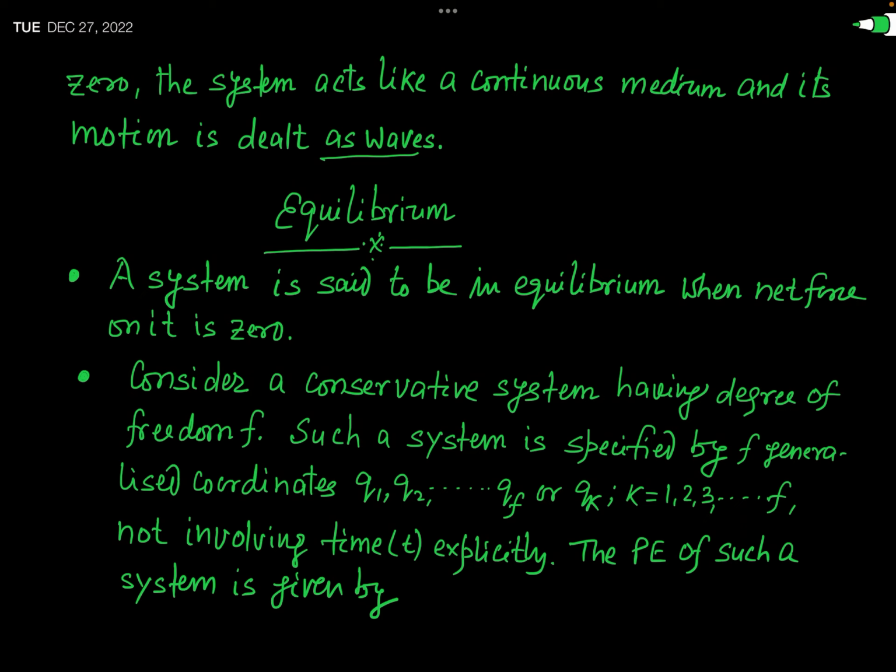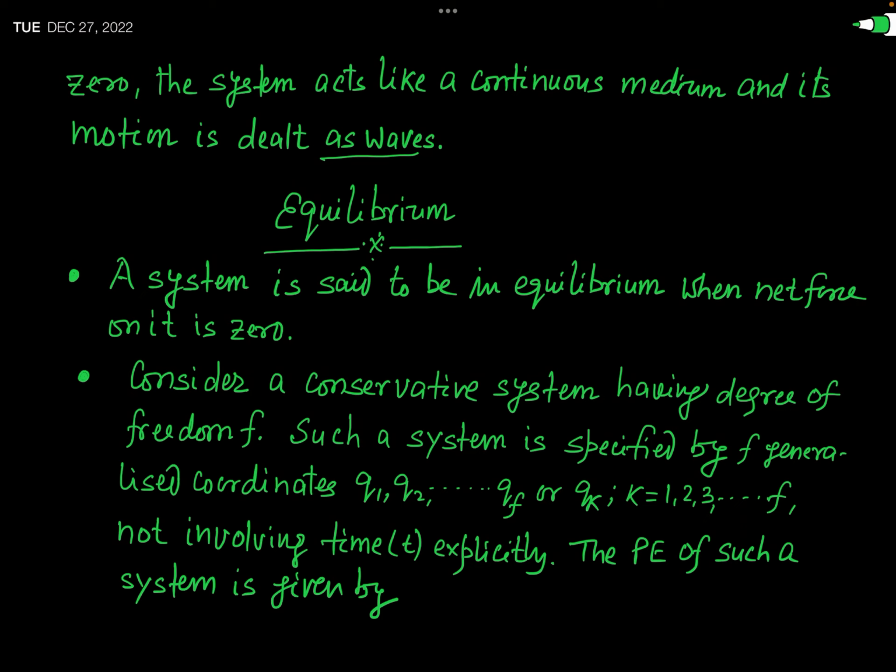This equilibrium is also not new for you, because you have definitely studied the concept of equilibrium in your lower classes. So this is just a revision, so that you will not find any difficulty in understanding the concept of small oscillation. When you say that a system is in equilibrium, what does it mean?